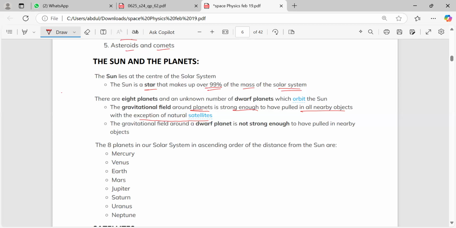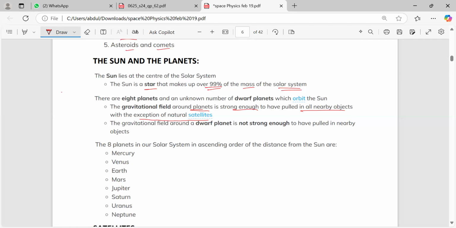Pluto is very far away from the sun, and the gravitational field strength around Pluto is very weak, so it is now considered a dwarf planet, not a planet. The difference between a planet and a dwarf planet is in terms of their gravitational field strength. Planets have a strong enough gravitational field, whereas dwarf planets do not, so they cannot attract nearby objects.